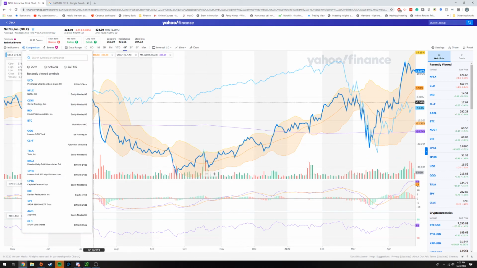The S&P 500, the Nasdaq, and the Dow are all pretty good. They show a good reflection of how the market's doing. So if you want to look at how something's doing in relation to the market, as you can tell, Netflix kind of took some profit off of the market going down, only because the market went down because of the coronavirus.